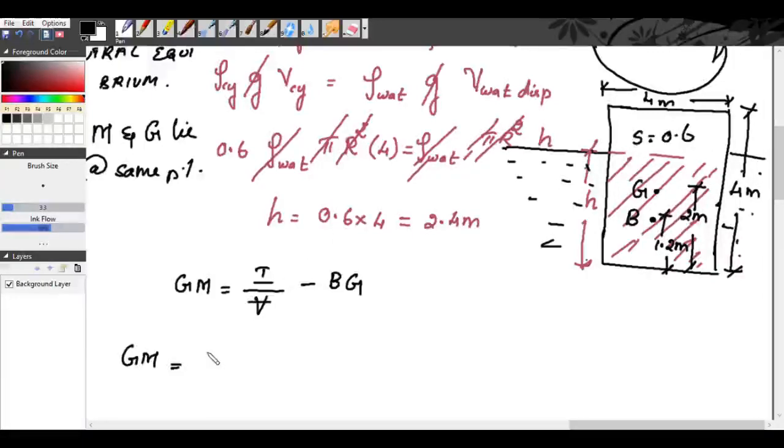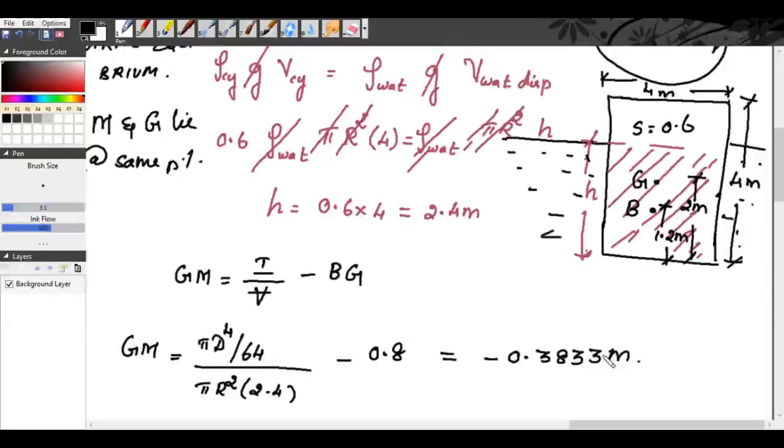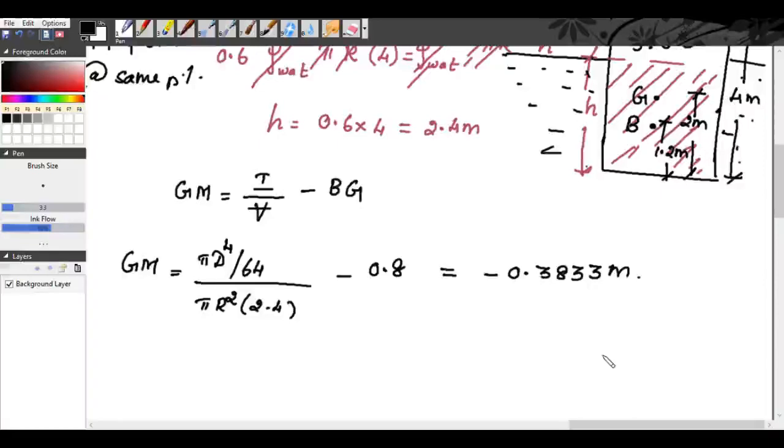The moment of inertia for a circular section is pi d power 4 by 64, divided by the volume immersed inside the water, that is pi r square into 2.4, minus BG. BG is 2 minus 1.2, so the distance is 0.8. You substitute, we get GM is equal to minus 0.3833 meter.